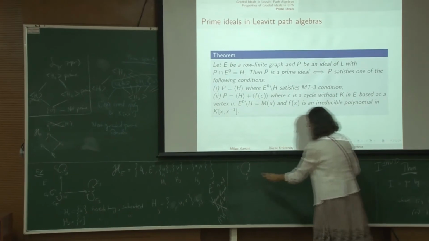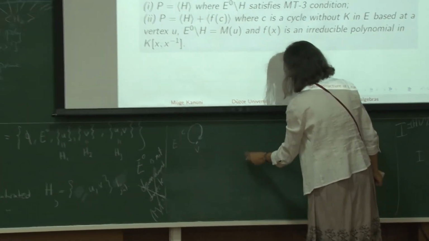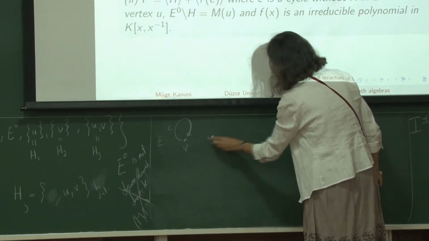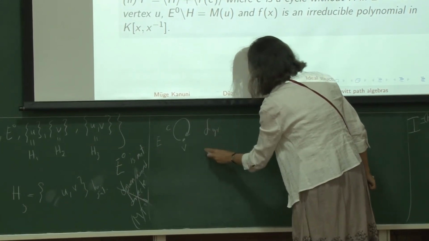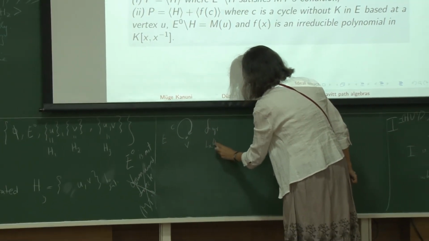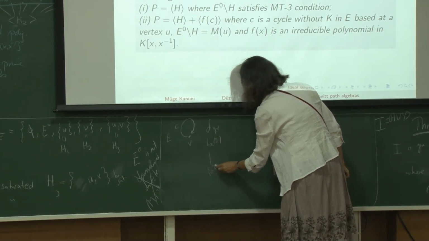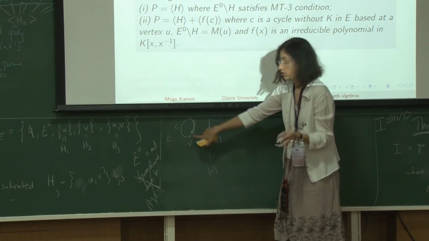This guy, if you look at the ideal structure here, the graded ideals here will be the graph itself and 0, generated by the empty set and the graph itself. You have only one vertex.